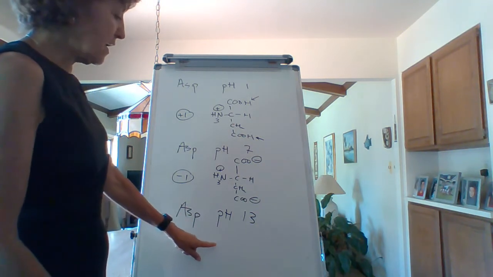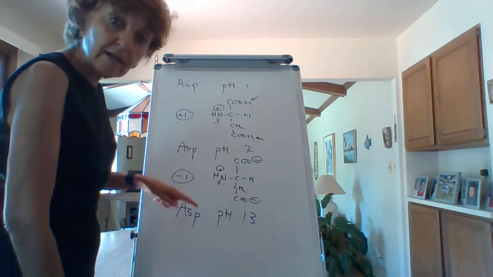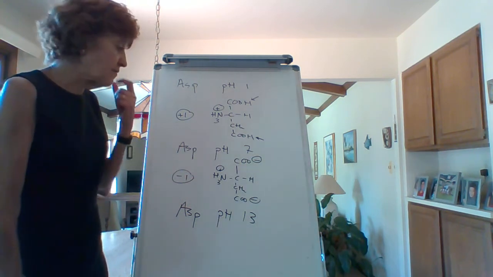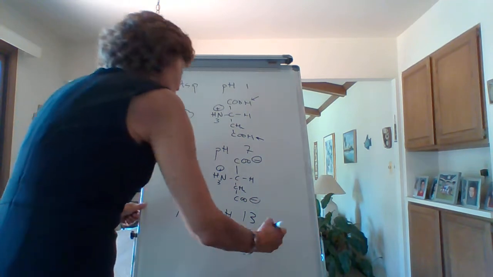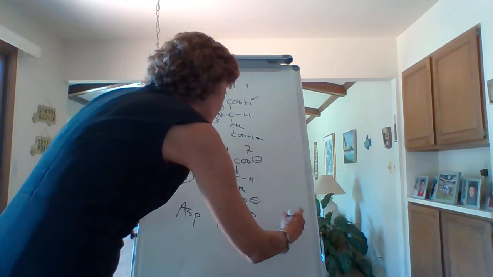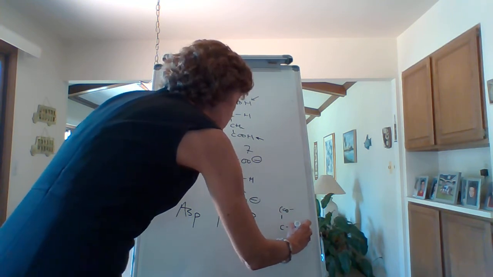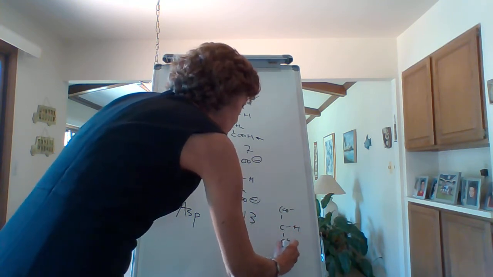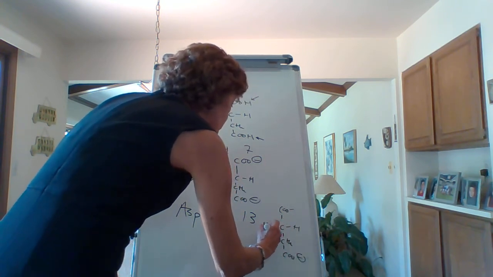And then at a pH of 13, this goes away. Remember how we said basic sites at a very high pH lose their proton, they become deprotonated. So if I'm going to draw this one out, it would be carboxylate ion, CH2, carboxylate ion, and then this loses the proton.